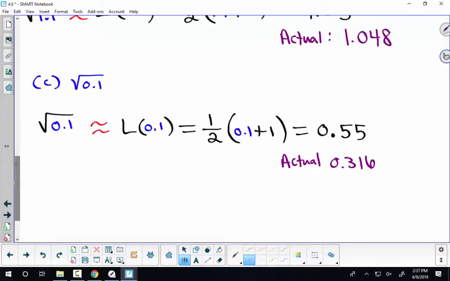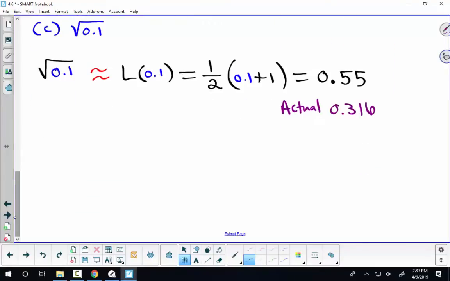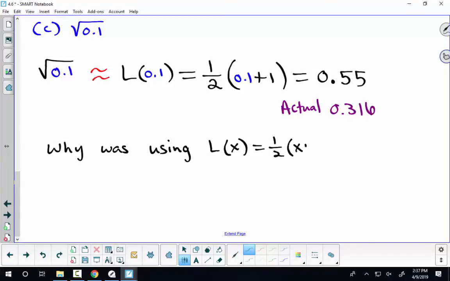Are there any questions on what we've done so far? Anybody have any questions on A, B, or C? So now let's think about this part C. And we'll ask the question, why was using the linear approximation to approximate the square root of 0.1 so bad?